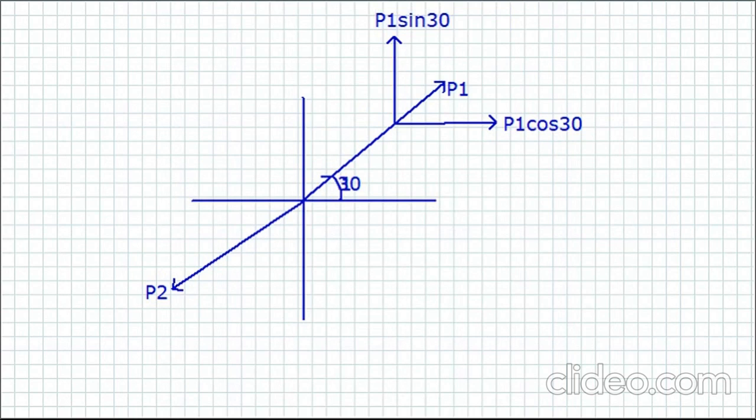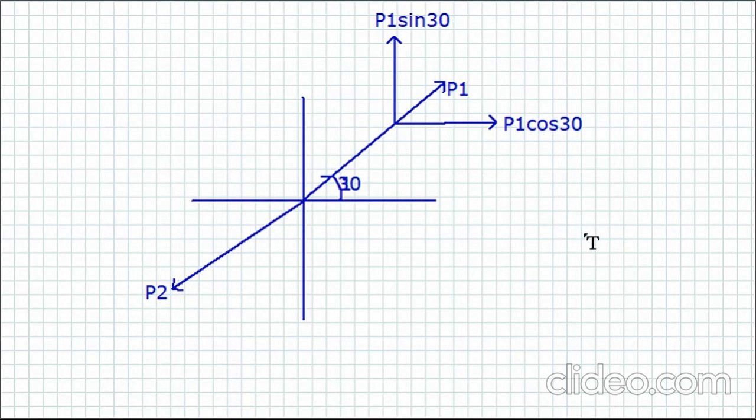Now you have to assign the cos of the angle to the component with which the force is making an angle. So here P1 is making an angle of 30 degrees with respect to the x-axis. Therefore, the horizontal component of force P1 is P1 cos of 30, and the other component is P1 sin of 30.